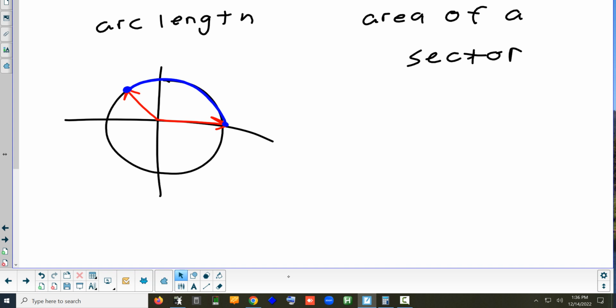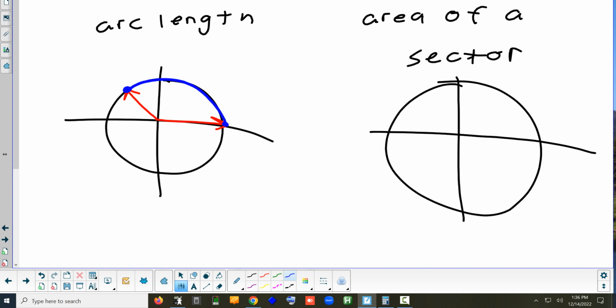And then area of a sector. Well, it's basically the same diagram, except we're going to look at something different in the picture. You got your circle. Initial side, terminal side. It doesn't matter how you draw the angle. Point is, you've got an angle.